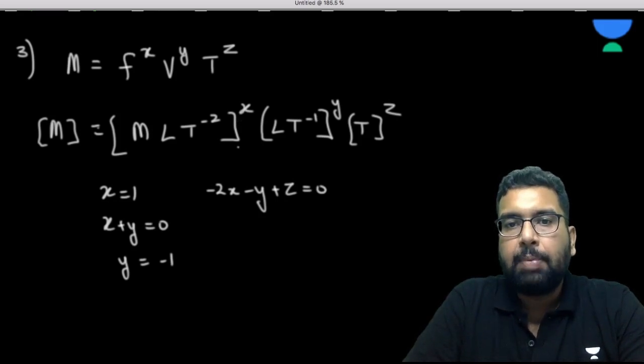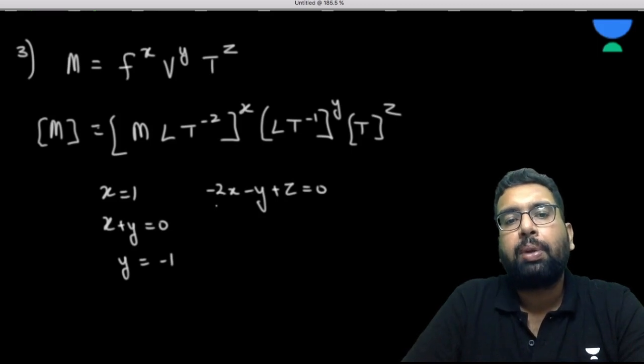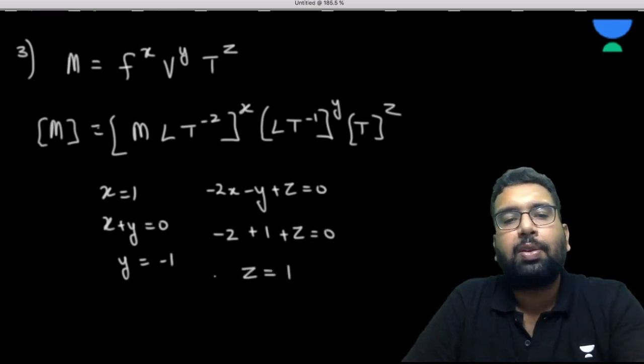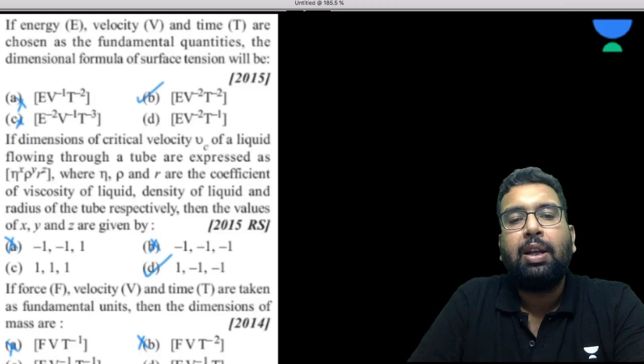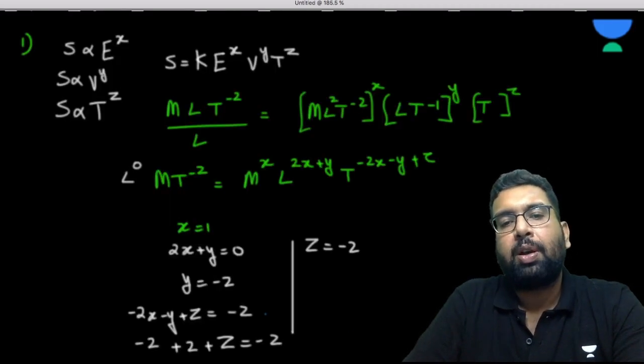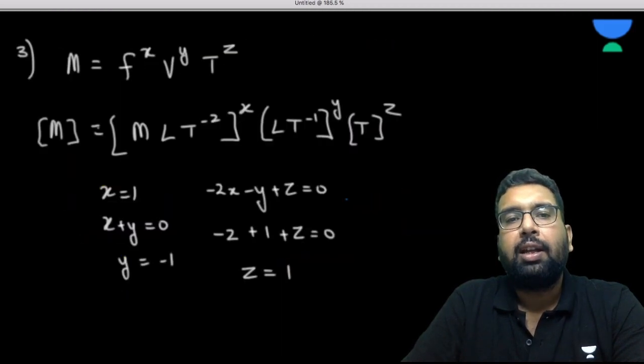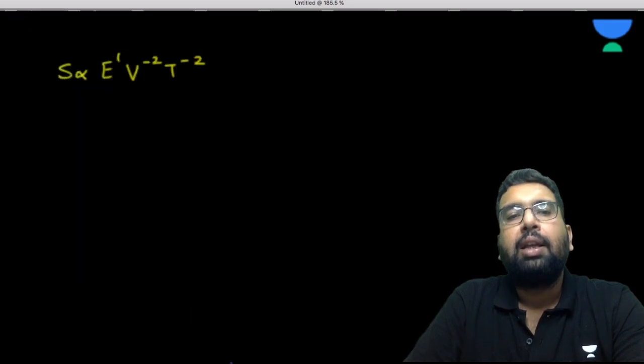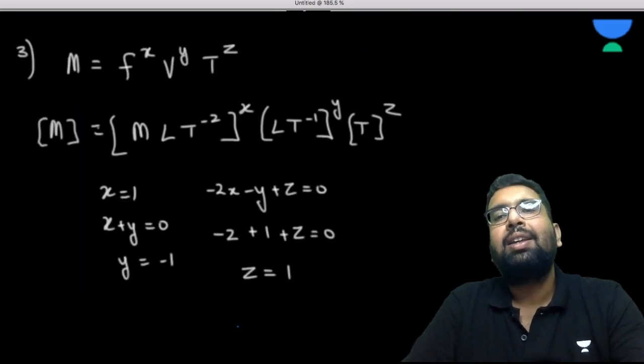Putting in x is equal to 1 and y is equal to minus 1, we get z equal to plus 1, because it is T to the power z. So z is 1, and we are getting option D.